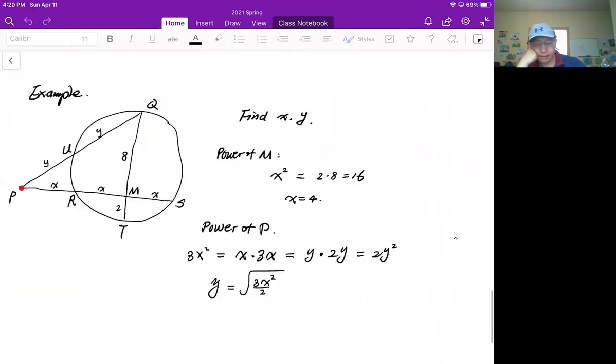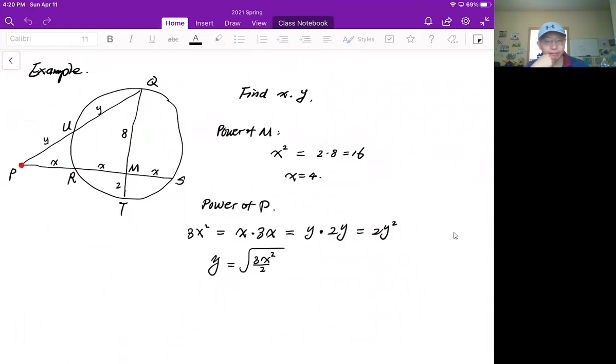Finally, we have one example here. How do we figure out the x value? You work with the power of M. You have two ways to compute the power of M: one is 2 times 8, the other is x times x. So x squared equals 16 and x equals 4.